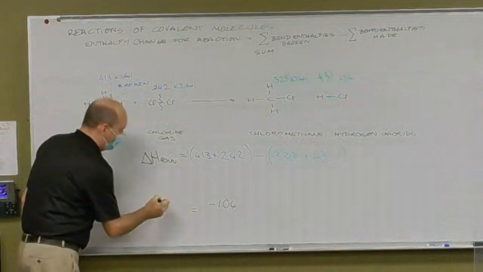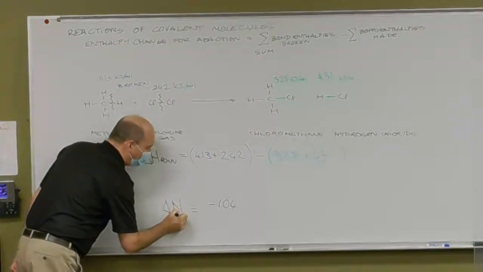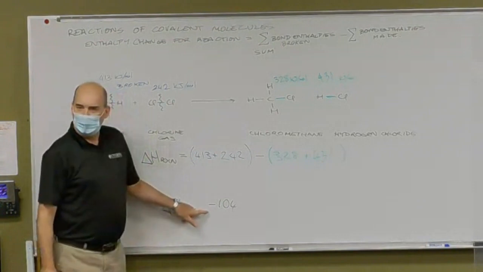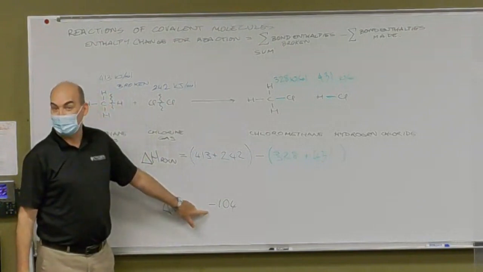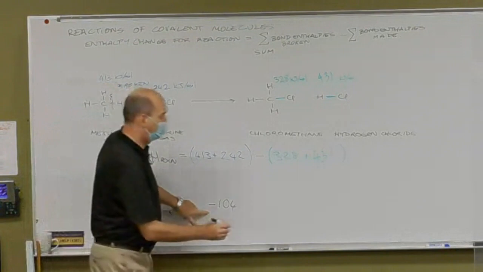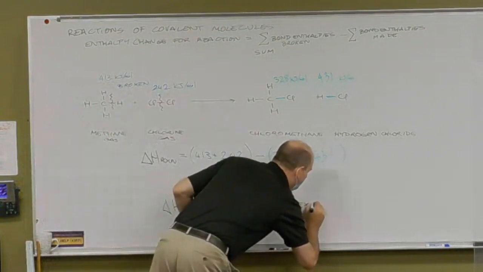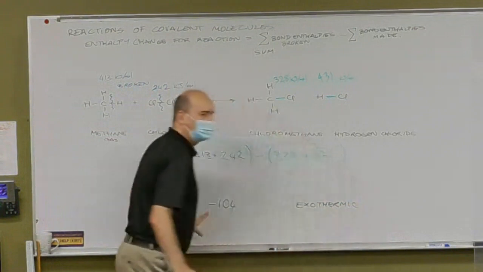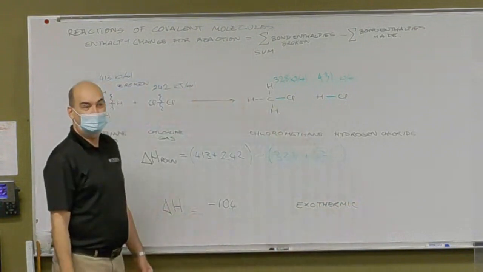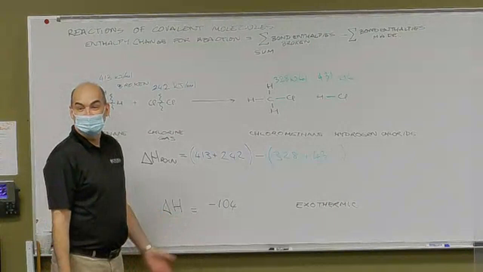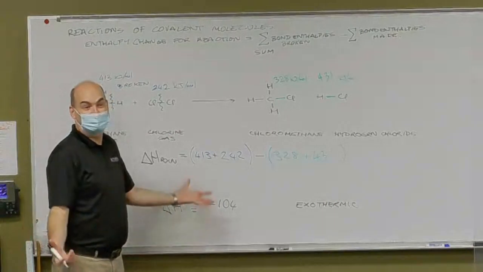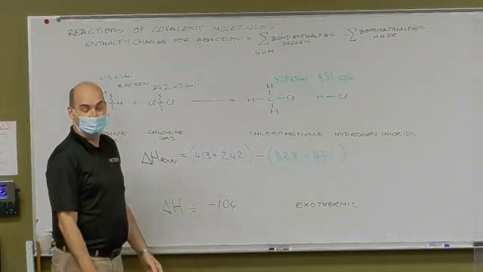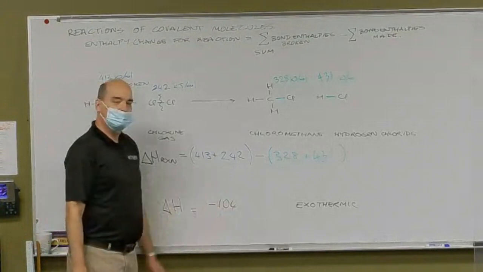The enthalpy change for this reaction is negative. What does the negative mean? Exothermic. What does 104 mean? It's bigger than 100, smaller than 200. It's a very measurable number. What are my units?